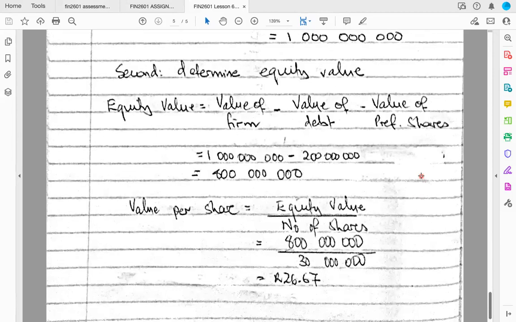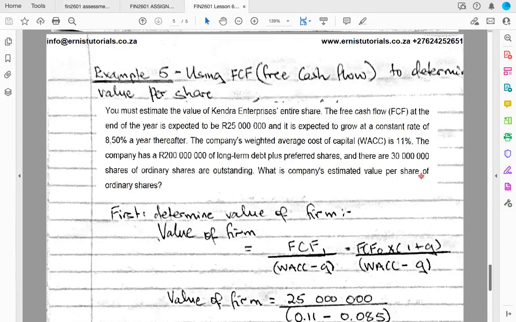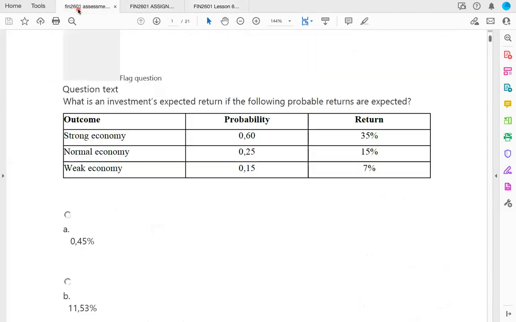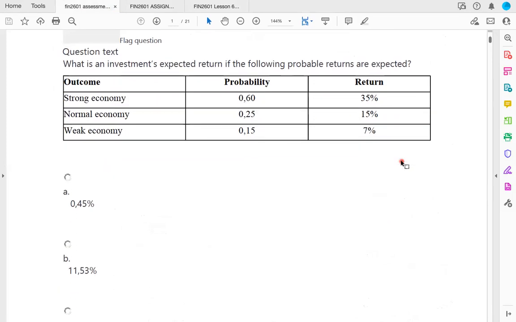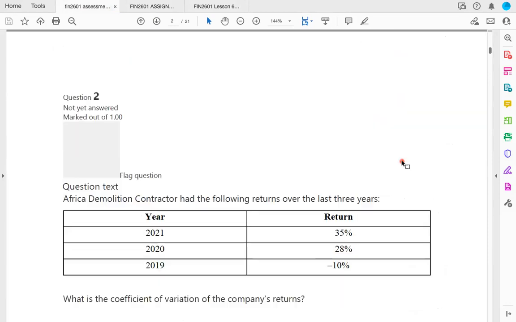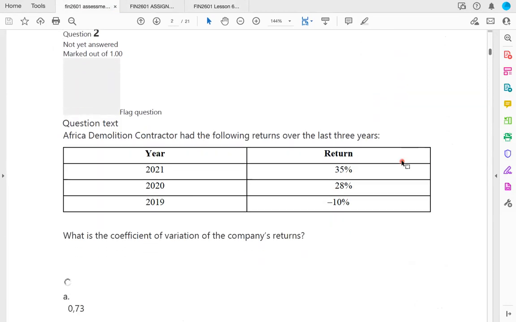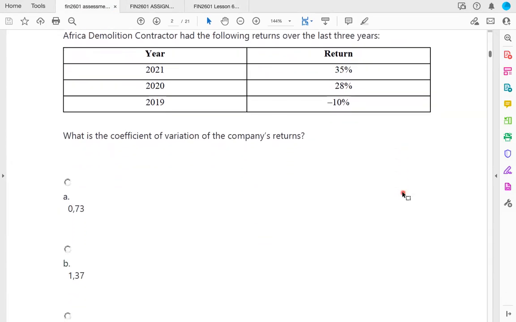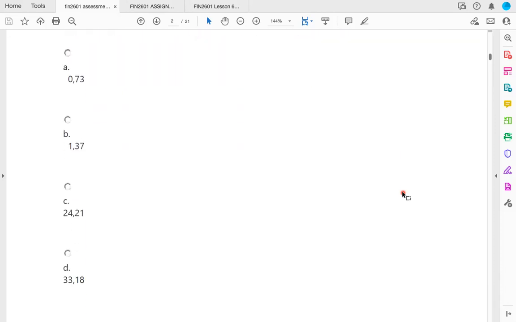So what I want to do now is show you other types of examples you might get, what you should be thinking about when you're looking at share valuations and what types of questions you might actually get. I'm going to be using the 2022 assignment 2 semester 1 as an example.